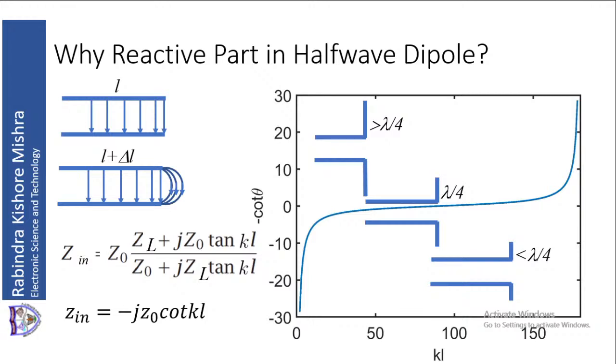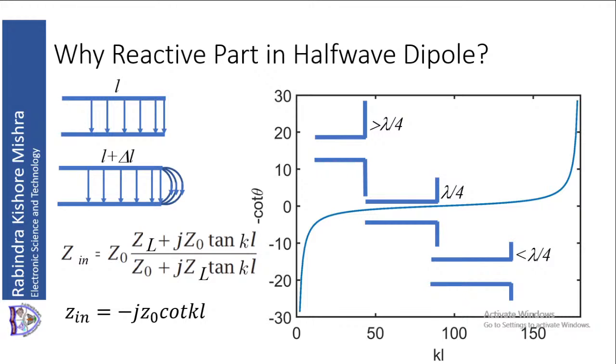If it is positive, then Zin is of the form j XL, so it will be inductive in nature. If it is less than lambda by 4, then Zin will be of the form minus j XC. It will be negative, so it will be capacitive in nature.